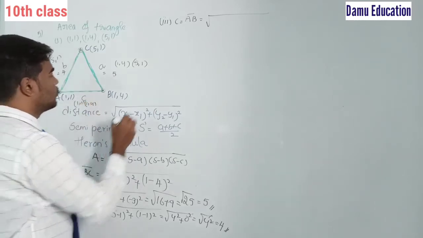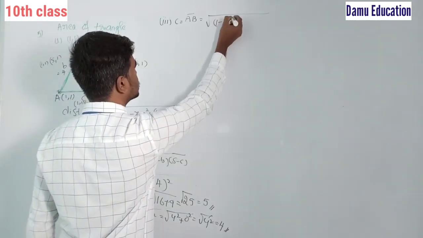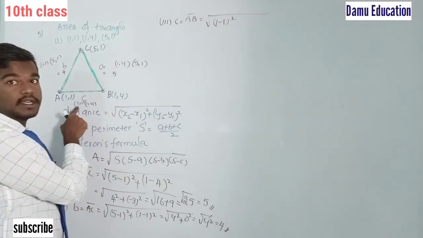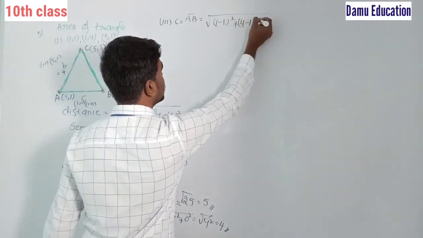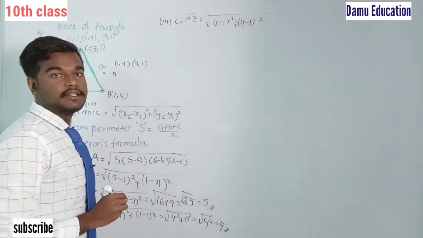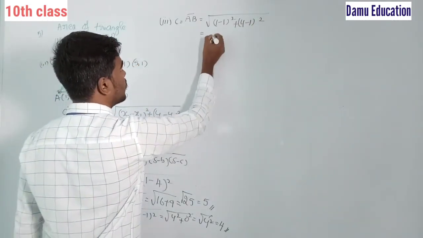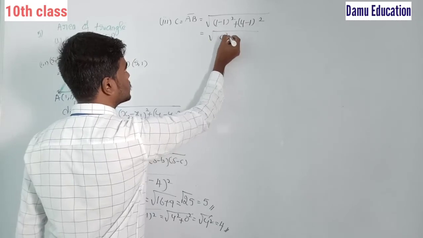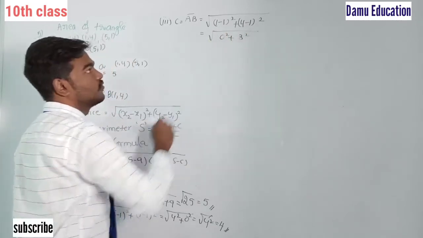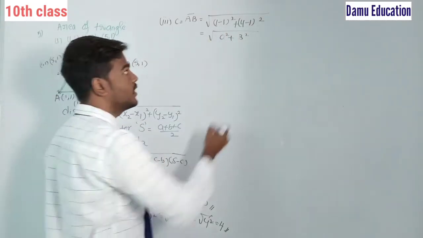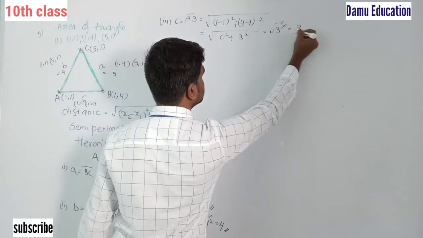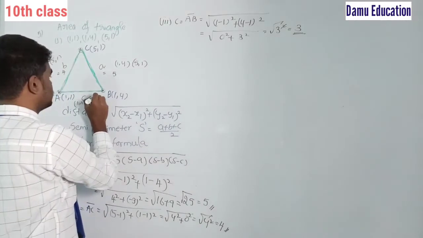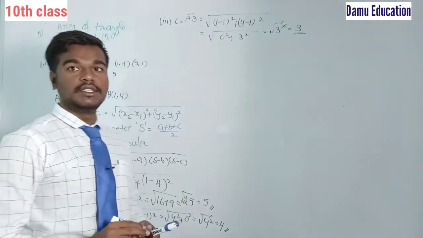So 1 minus 1 whole square, that is 0 square, plus 4 minus 1 whole square, that is 3 square. The square root cancels the square, so this is 3. So c is equal to 3.